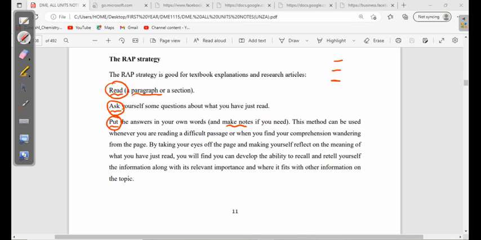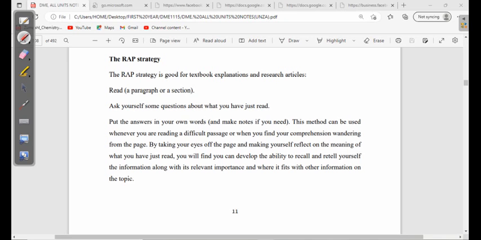This method can be used whenever you are reading a difficult passage or when you find your comprehension wandering from the passage. For example, when you are reading and you find that you are drifting away, you're not really getting what the passage is talking about, you can do this: read, ask yourself questions, and then put the answers to your questions in writing.